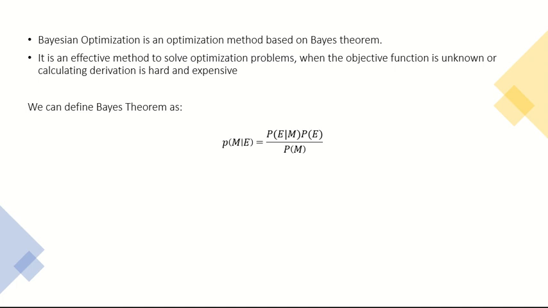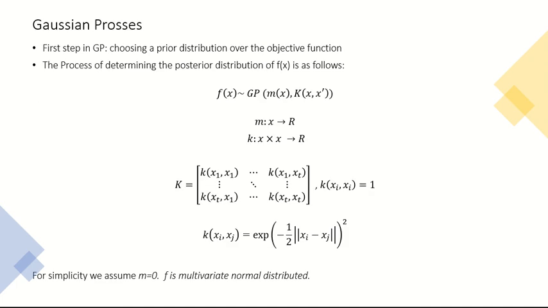Now about the Gaussian process. In the Gaussian process, we define a Gaussian distribution as a prior distribution. As we know, each Gaussian distribution is defined by a mean and a covariance function.